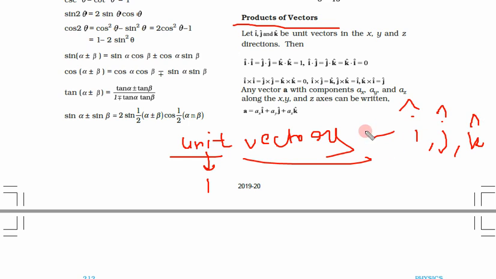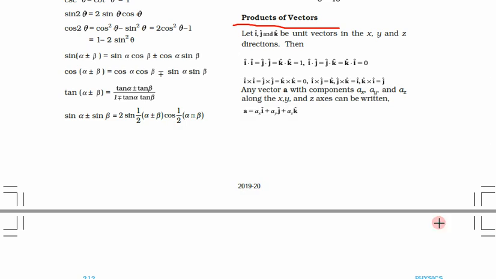When we move one step in X direction it is I, one step in Y direction is J, one step in Z direction is K cap. So I, J, K are unit vectors in X, Y, Z directions.